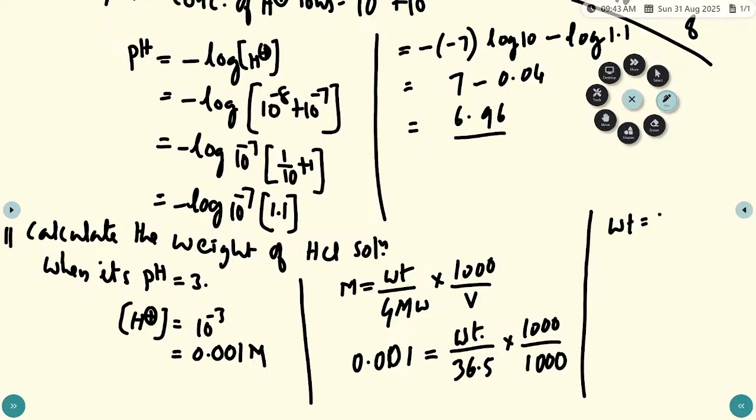So 0.001, 0.365. So this is the weight of the HCl solution having pH 3.